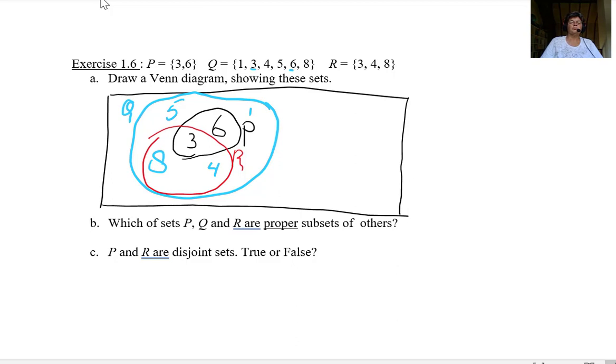Which of the sets P, Q, and R are proper subsets of other sets?